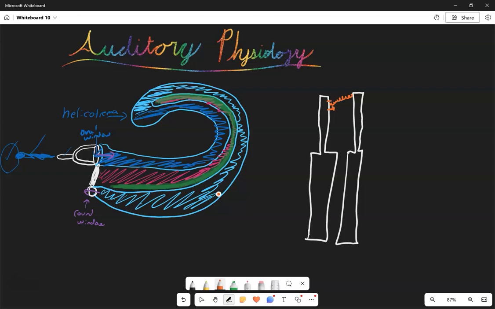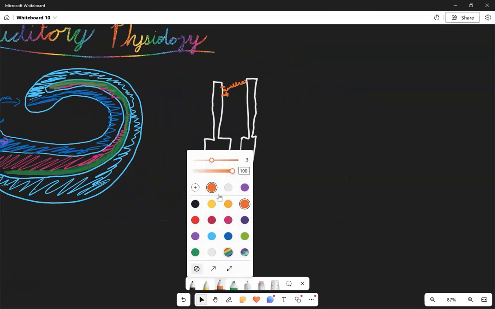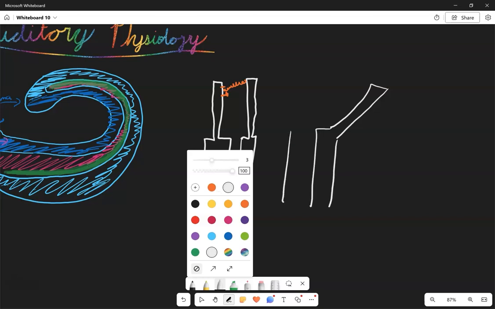So when we bend that stereocilia to where it sits at an angle like this, what's going to happen over here is that the tip link, if it's connected to a door, is going to pull that door open.